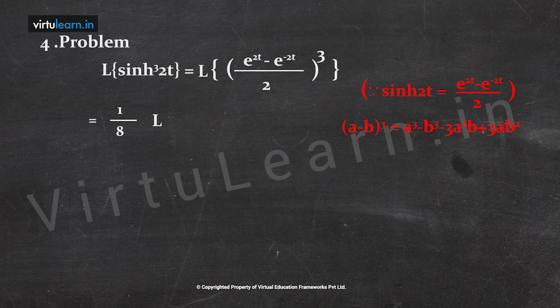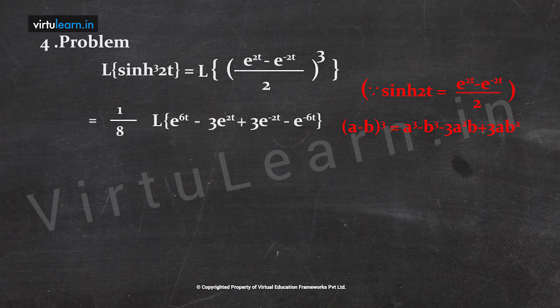Then Laplace transform of e power 2t whole cube, that is e power 6t, minus 3a square b, where a is e power 2t and b is e power minus 2t, minus 3 times a square, a square is e power 2t whole square, like that. Next plus 3ab square, plus 3 into e power minus 2t, next minus b cube is e power minus 6t.